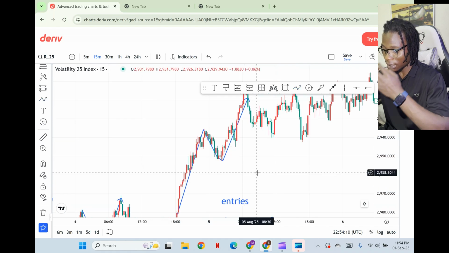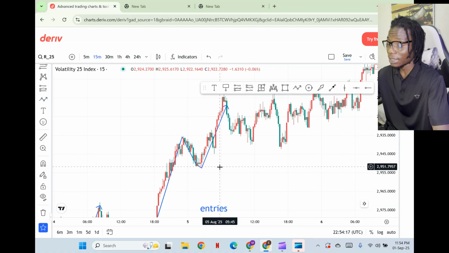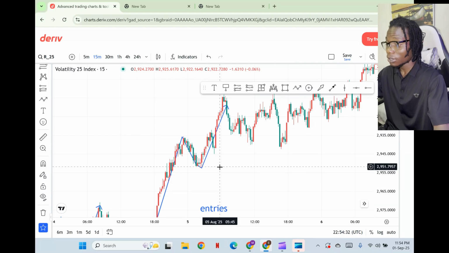You can see that, guys. So sometimes you can get all three patterns, sometimes two, sometimes one. A good trader needs to know which one they're actually going for.